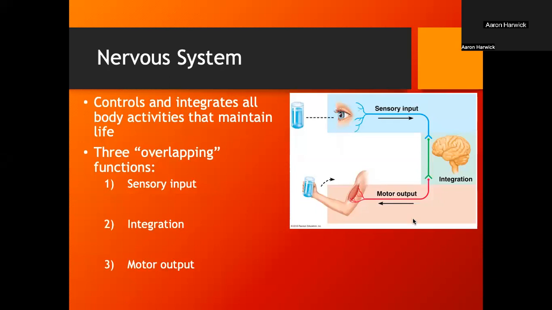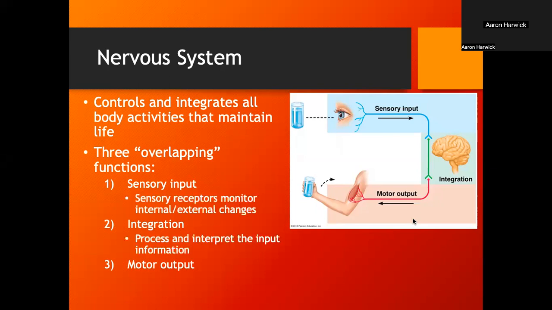So the nervous system, its job, its function, is to control and integrate all the body activities that help maintain life. There are three overlapping functional systems here. There is the sensory input, which is basically taking information from a sensory receptor, monitoring some sort of internal or external change, and then sending the signal towards the brain.